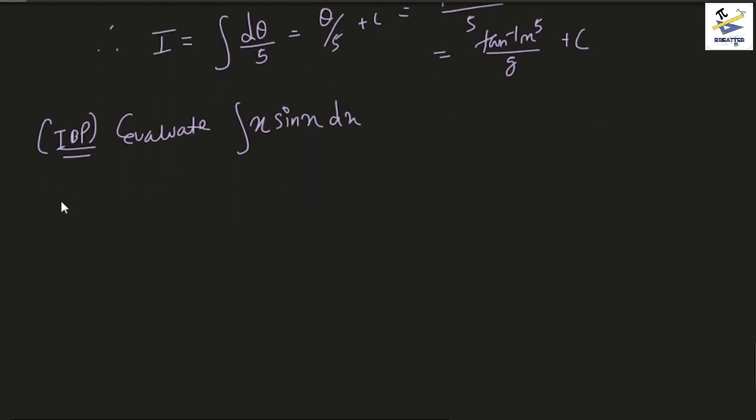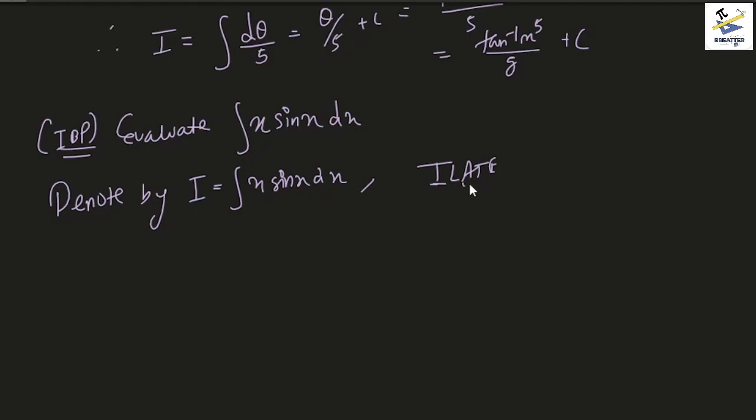So denote the integral by I, and whenever we see functions which are a product of two different kinds of functions, we try to remember our ILATE rule, where we know which one to take as the first function and which one as the second function. So in the ILATE rule, as you can see, the algebraic function comes first, before the trigonometric function. So the algebraic function should be function 1, and the trigonometric one should be function 2, right?